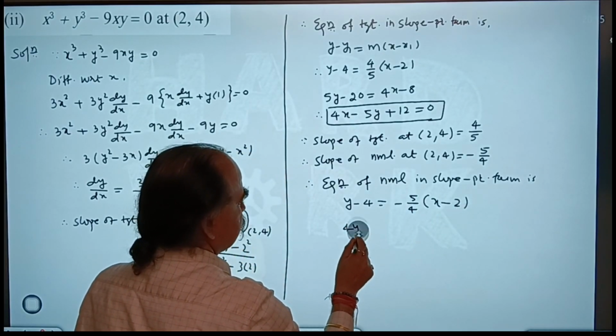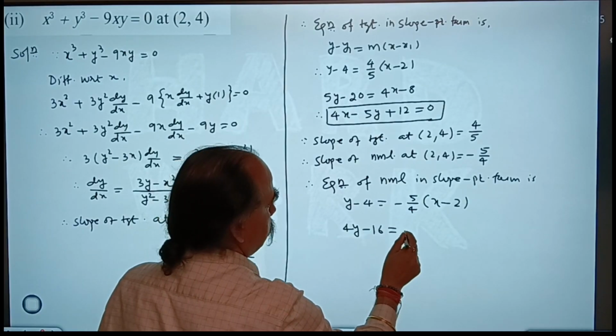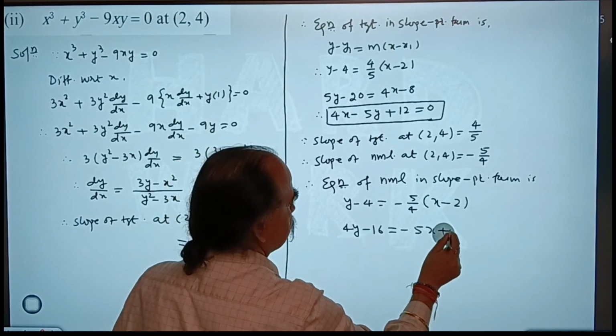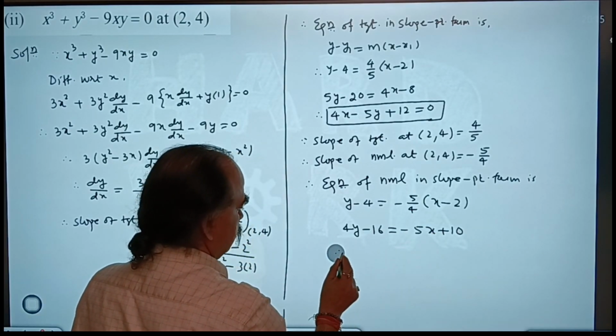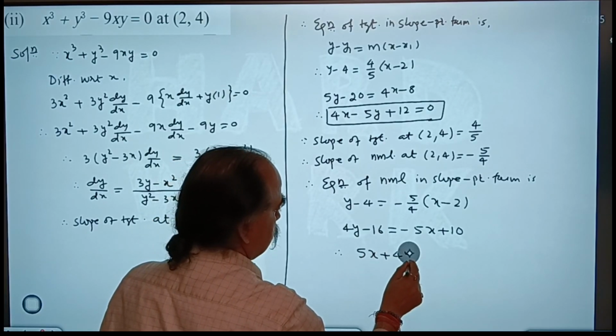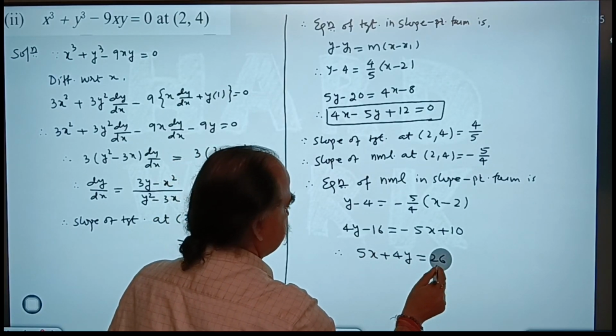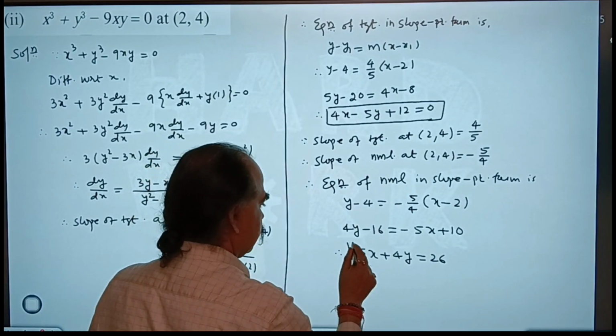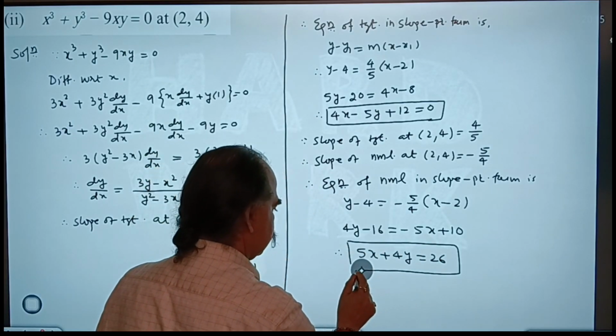So 4y minus 16 is minus 5x plus 10. So 5x plus 4y is equal to 26. This is equation of normal.